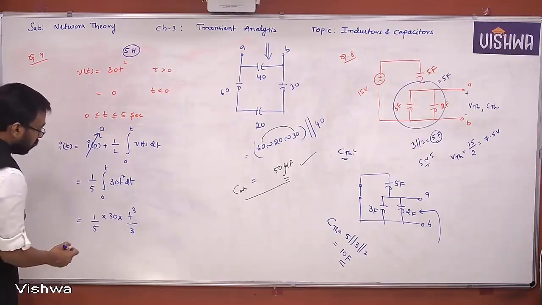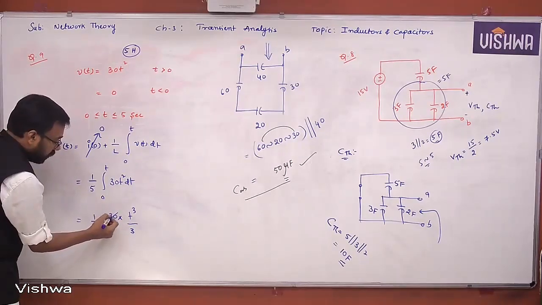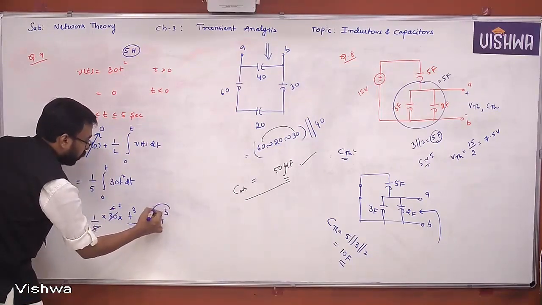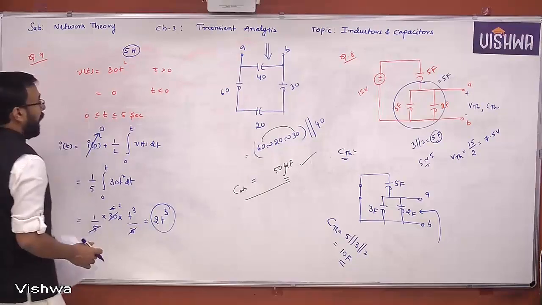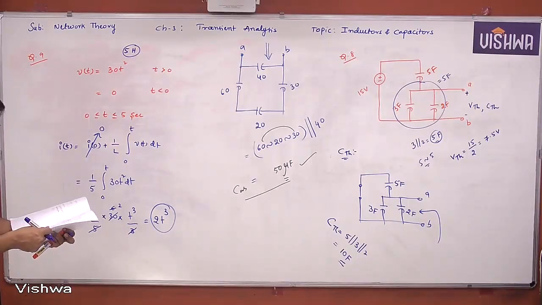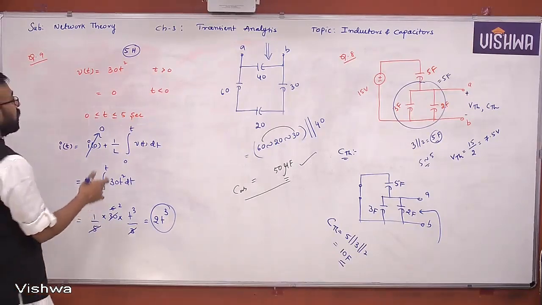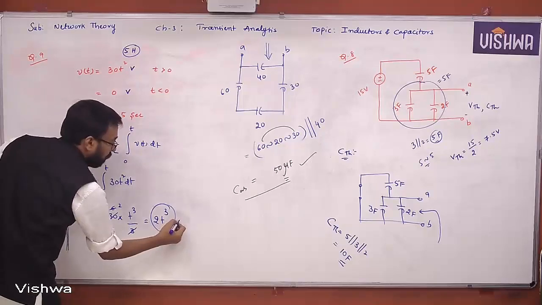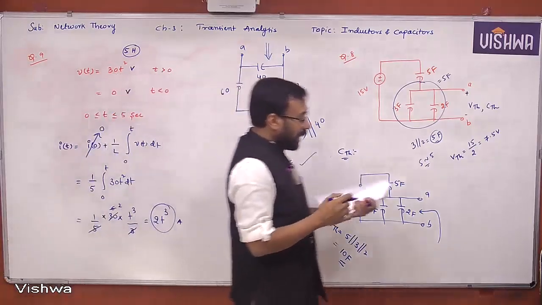So 5 sixes are 30, 3 twos are 6, finally you got 2t cube amperes. Yes or no? 2t cube amperes, because the inductance is given in Henry and the voltage is given in volts, therefore it is in amperes. This is the current.